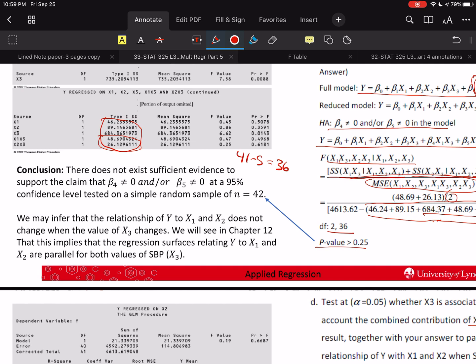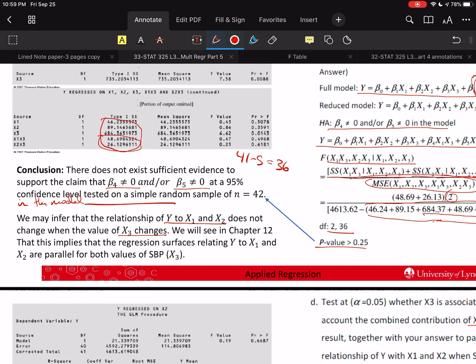There does not exist sufficient evidence to support the claim that beta 4 or beta 5 is not equal to 0 at the 95% confidence level, tested on a simple random sample. And we should say in the model. I'm sorry, I forgot. In the model, put the model. Okay. We may infer that the relationship of y to x1 and x2 does not change when the value of x3 changes because these are not significant.